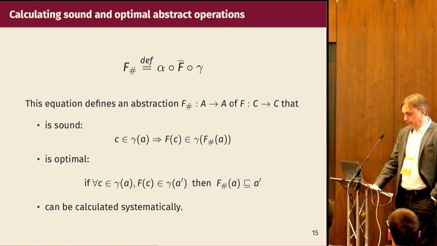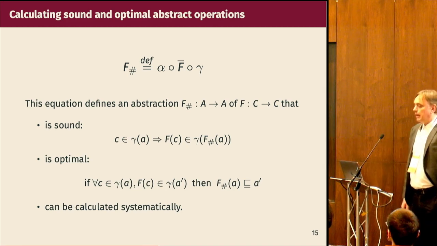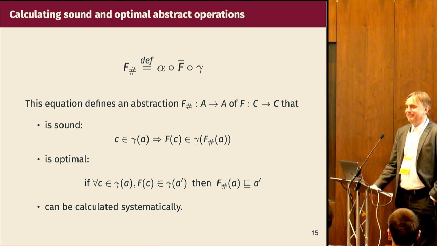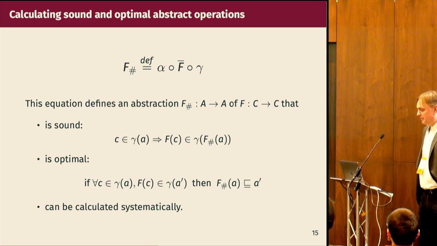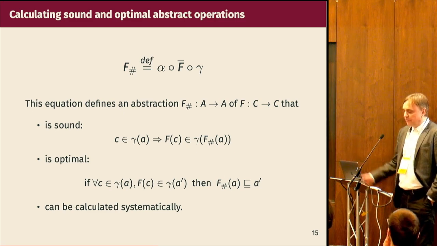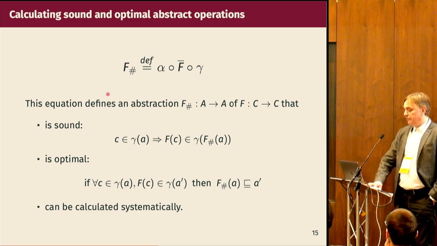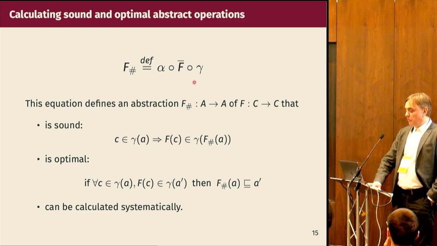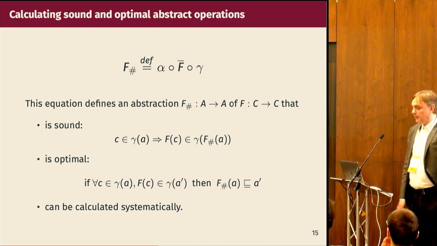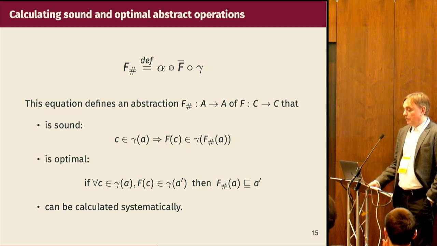And one of the great things you can do with that is to calculate sound and optimal abstract operations. You can even calculate program logics, like we saw yesterday, but let me just stick with abstract operations. If you have an operator from concrete values to concrete values, f, then you just write this equation, extend it to sets, compose it with alpha and gamma, and that gives you an abstract operator, f sharp, that goes from abstract values to abstract values, that is sound.